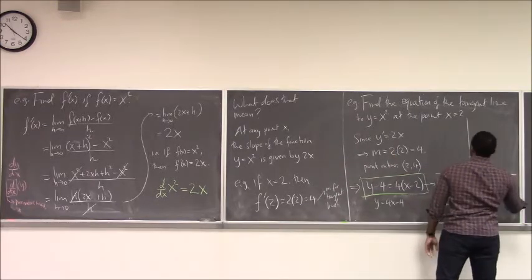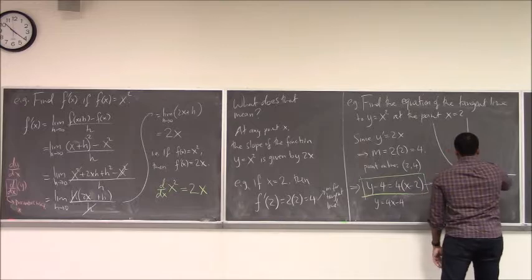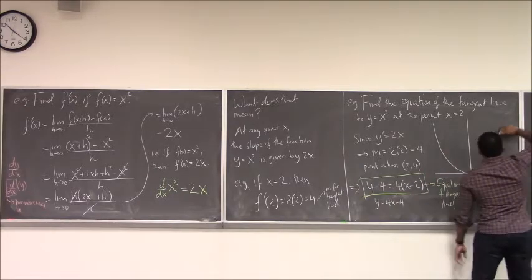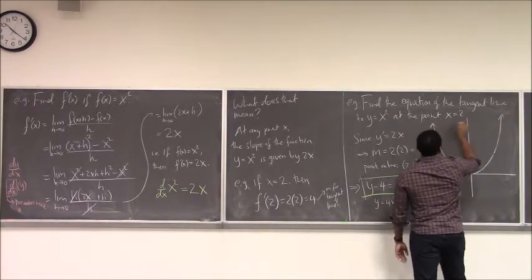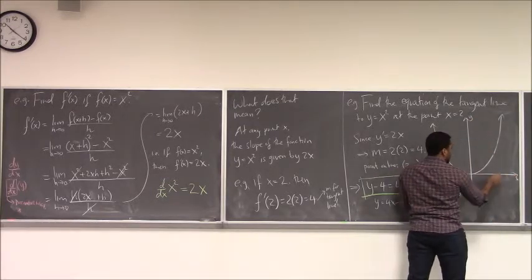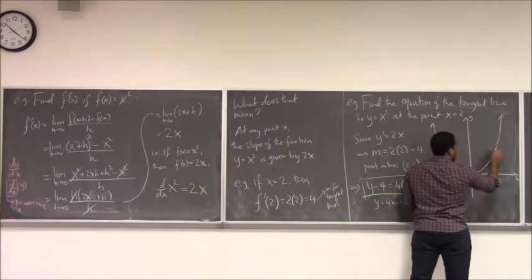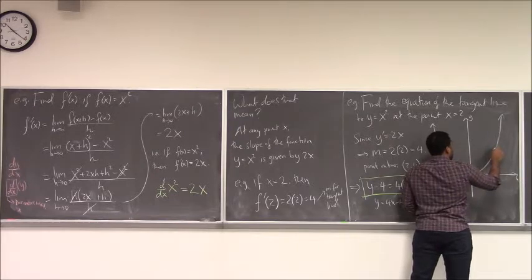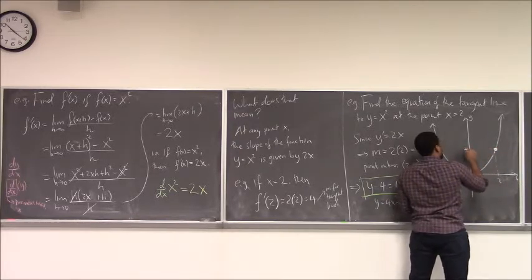Graphically, this is what's happening. You have the function y equals x squared. You locate the point x equals 2, where the output is 4.